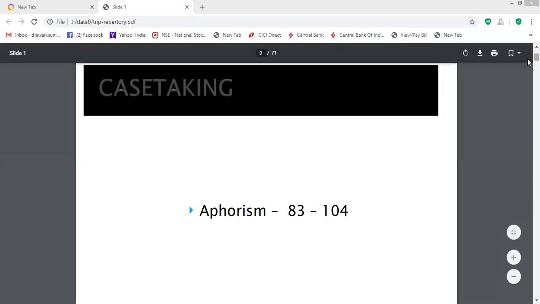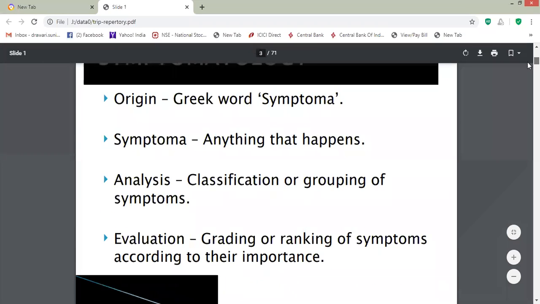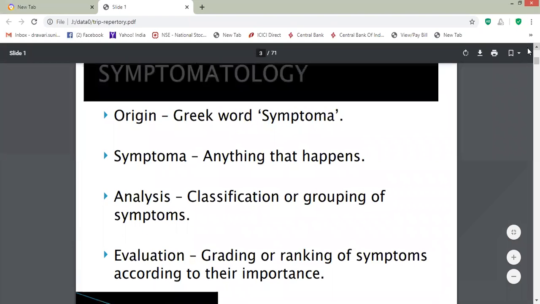It is given in the Organon of Medicine from aphorism number 83 up to aphorism number 104. Then symptomatology, the origin Greek word is symptoma, and symptoma means anything that happens.